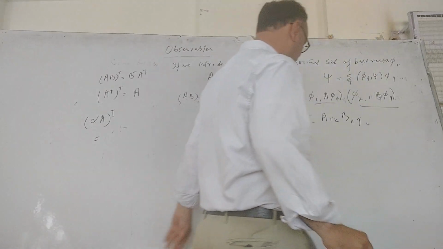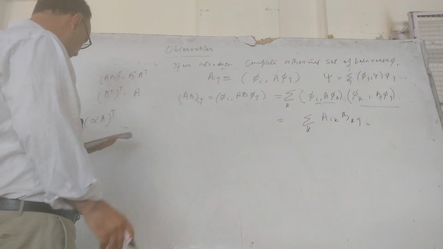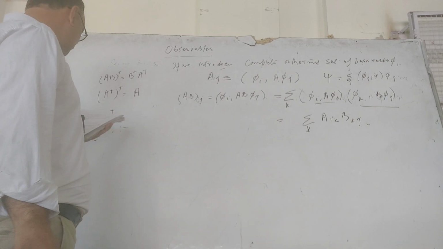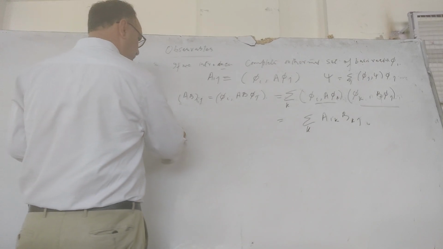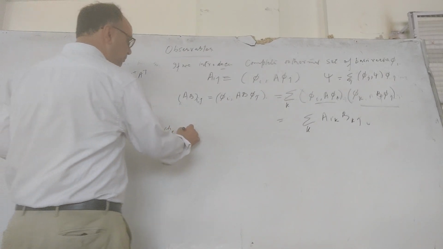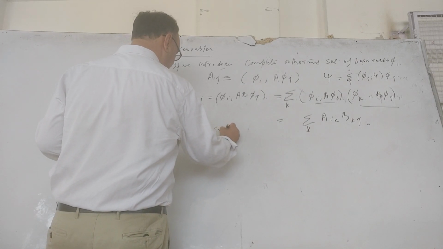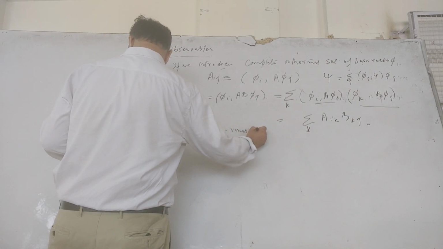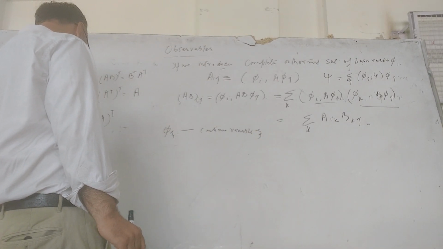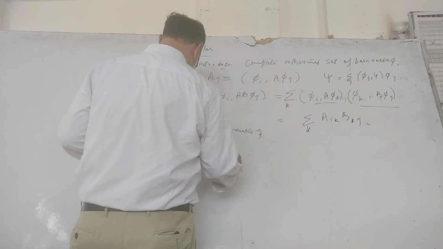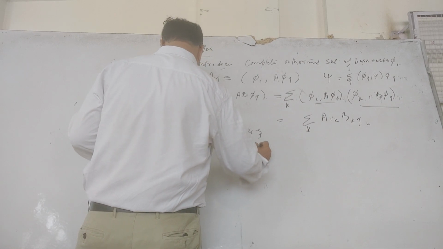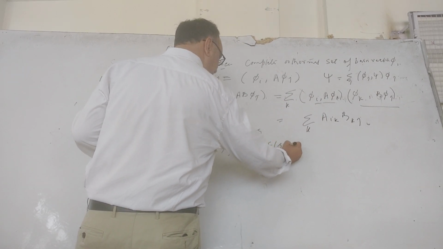Now, we frequently encounter a complete set of state vectors phi zeta, labeled with a continuum variable zeta instead of a discrete variable i, as we talked about in the previous class. The orthonormality condition is phi zeta, phi zeta prime equals delta of zeta minus zeta prime.